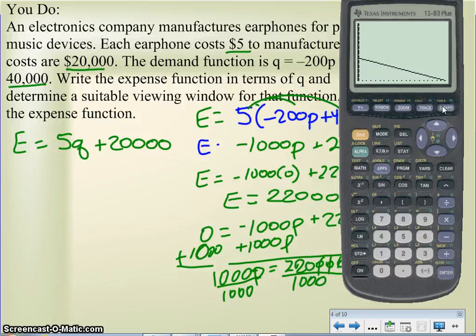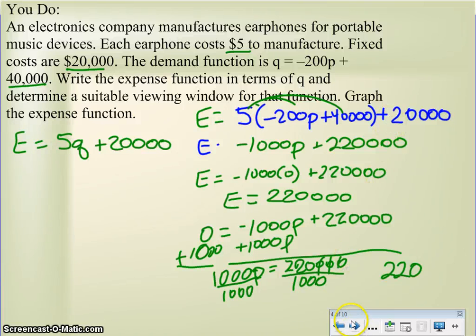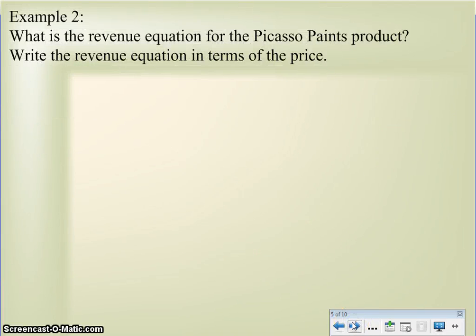All right, so now let's go ahead and move on to our next problem here. It says, what is the revenue equation for the Picasso Paints products? Write the revenue equation in terms of price. So with revenue, you need to know that revenue equals your price times your Q, or demand function here.